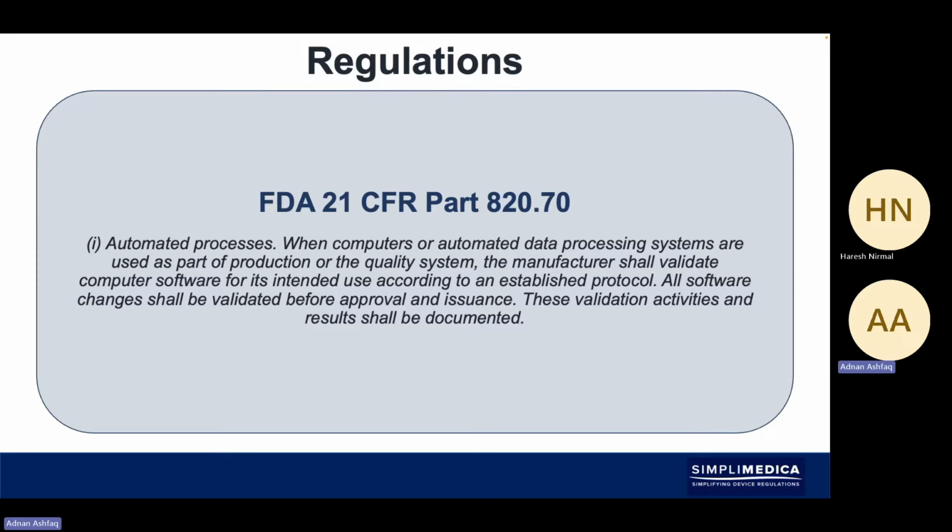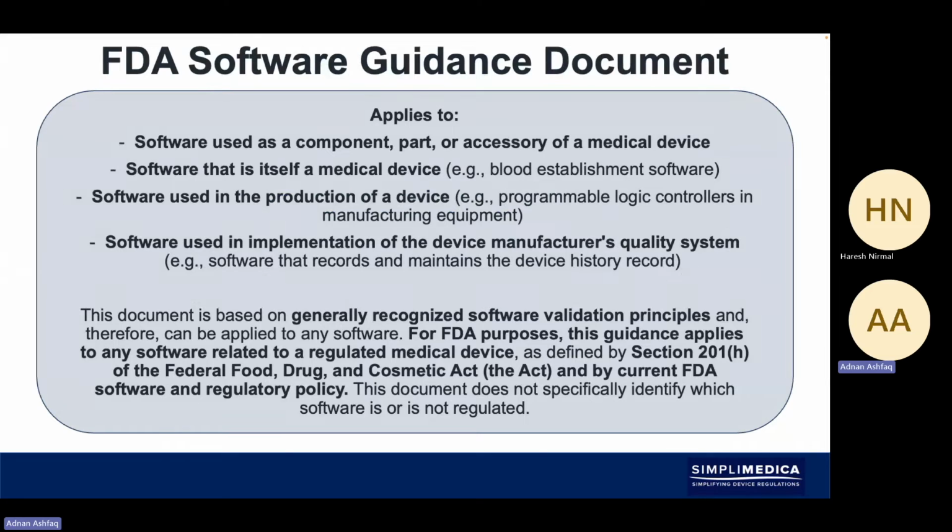And most people will now be familiar that the US FDA are adopting the QSR as the QMSR. So therefore, ISO 13485 should be followed even for FDA purposes. Also, there's an FDA software guidance document, which you can find in the public domain on the FDA website, which also looks at software used as a component, part, or accessory of a medical device, software that's itself a medical device, or software used in the production of a device.